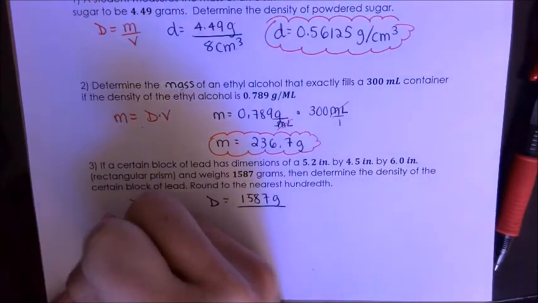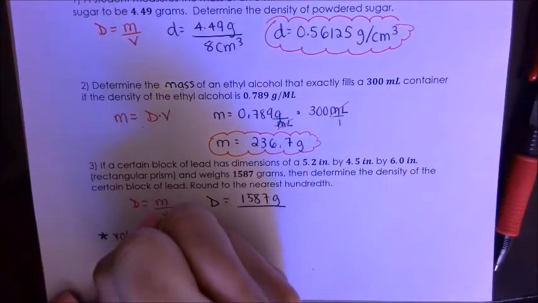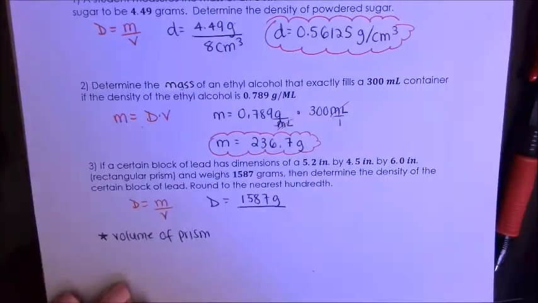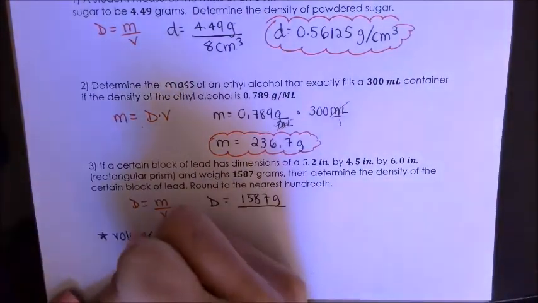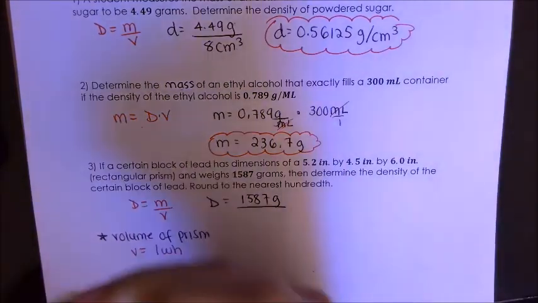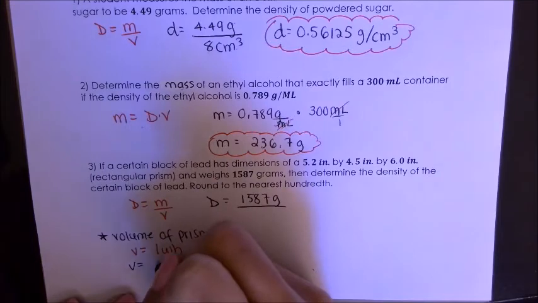So we're going to look for the volume of the prism. The formula is V equals length times width times height. So now we're going to go ahead and multiply what we have.